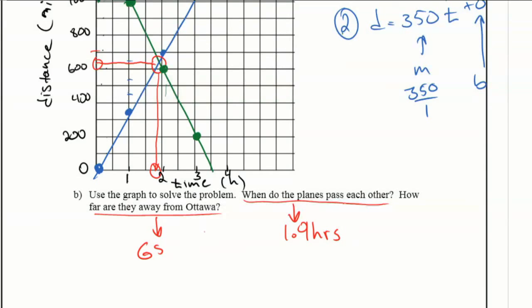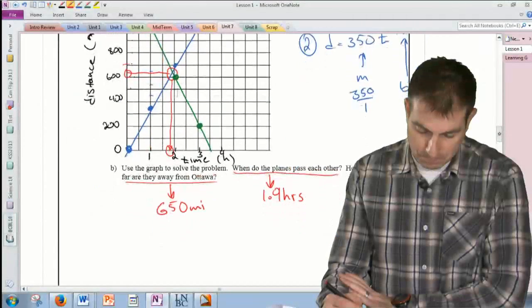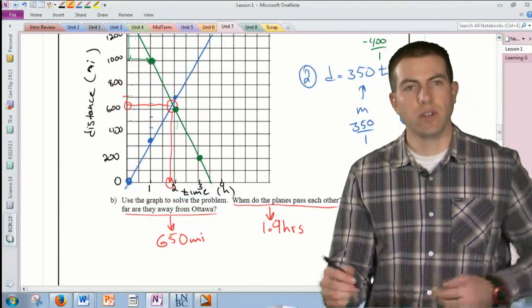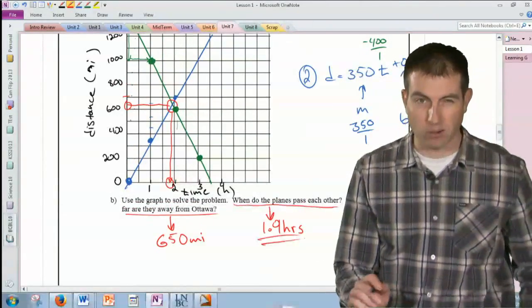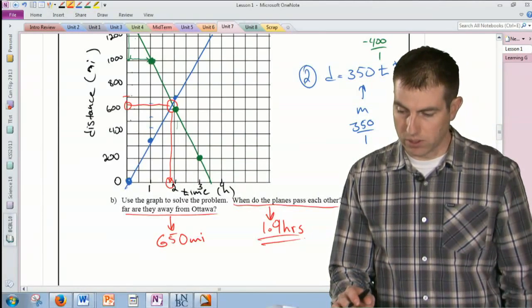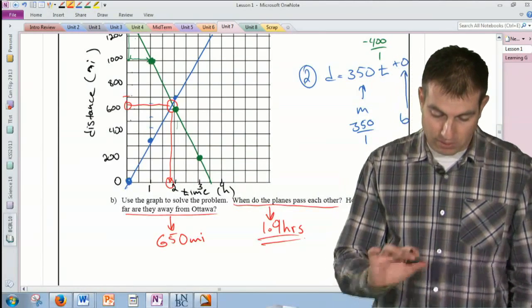In this case, we're dealing with miles. And that's all we're asked to do. We could convert this 1.9 hours into hours and minutes if we wanted, or we could just leave it as 1.9 hours. I'm just going to leave it there.